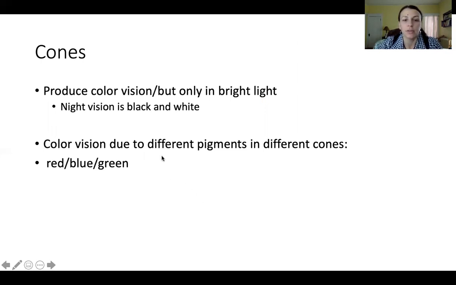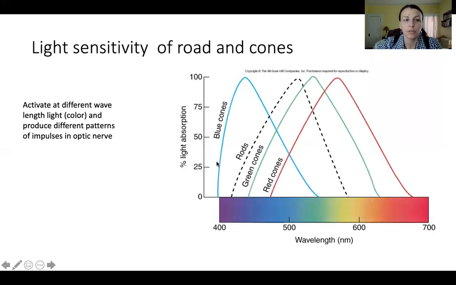Color vision is due to different pigments in different cones: red, blue, or green. In order to understand that, let's look at wavelengths. Depending on what wavelength the light is coming in, our brain is constantly taking vibrations or wavelengths and then interpreting them.